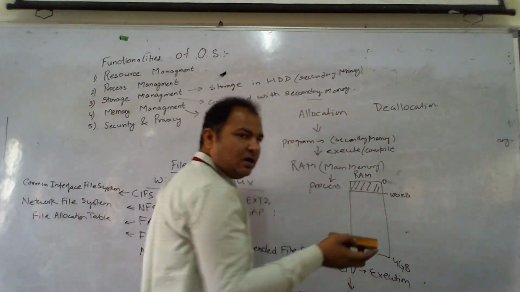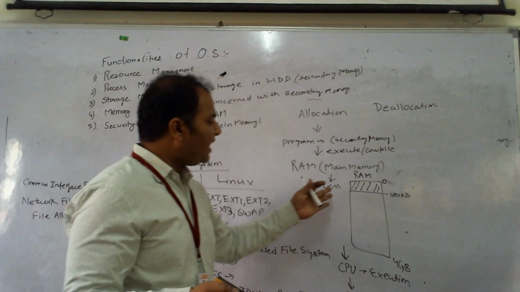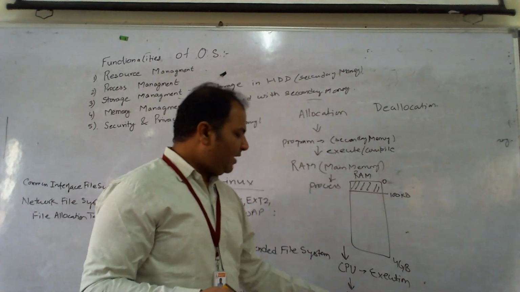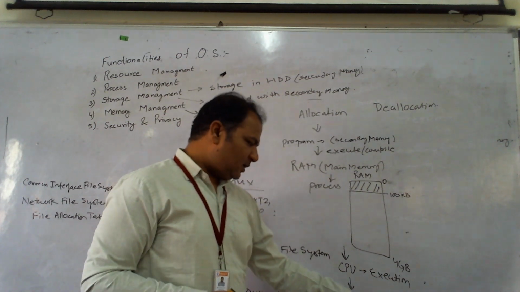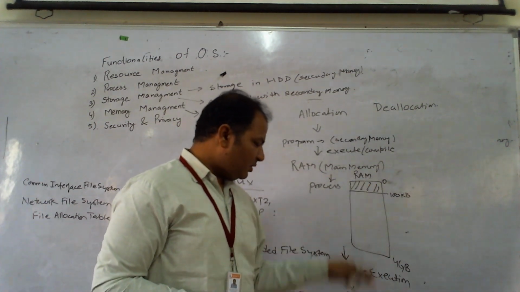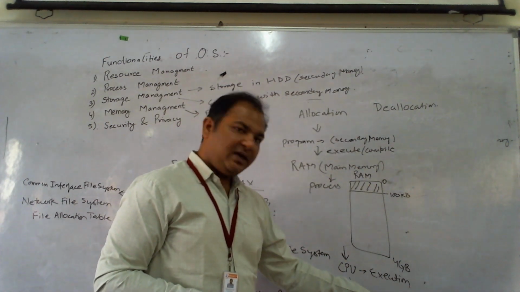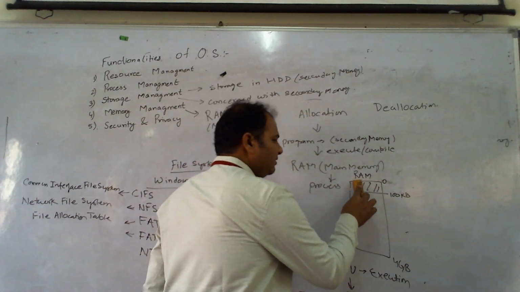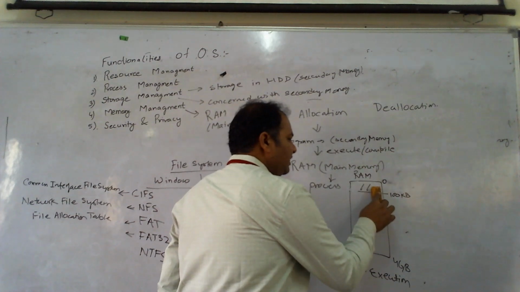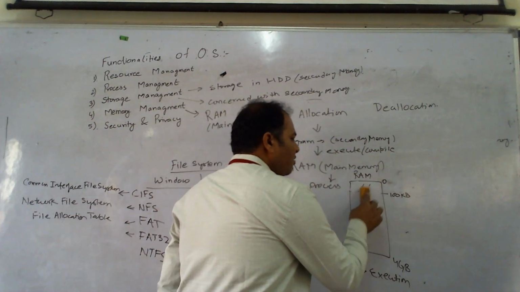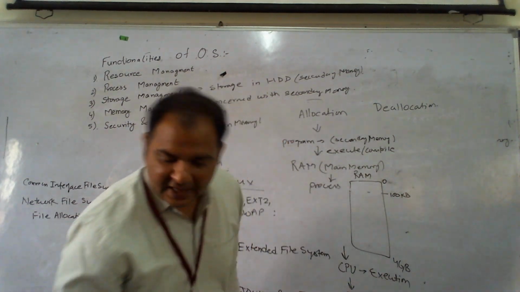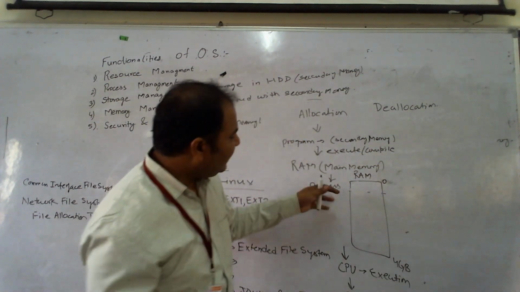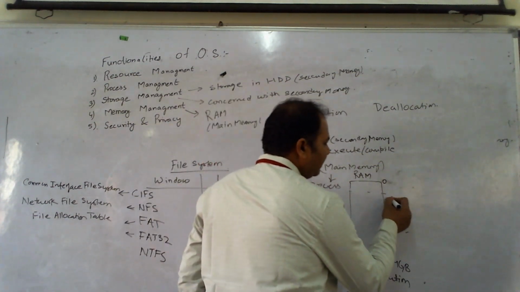Now there is no use of that process in the RAM, because we have already executed it and got the output. Now this memory is released for the next purpose. When it gets released, it is called deallocation.